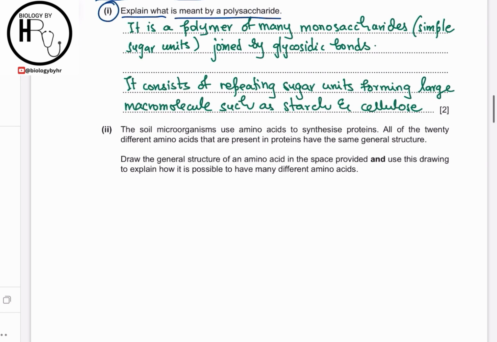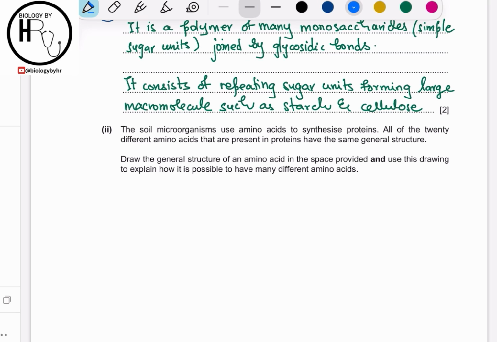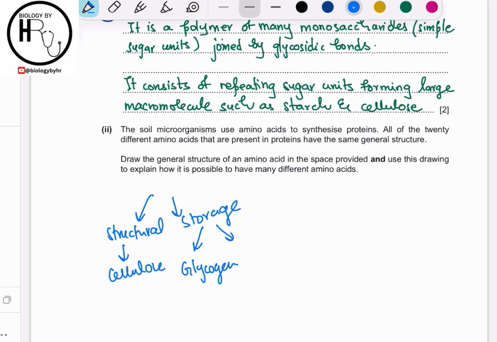About the polysaccharide, let me tell you a little more detail. There are two types of polysaccharide. There is a structural polysaccharide, which is cellulose, and then there are storage polysaccharides, which are glycogen and starch. Starch is found in plants.